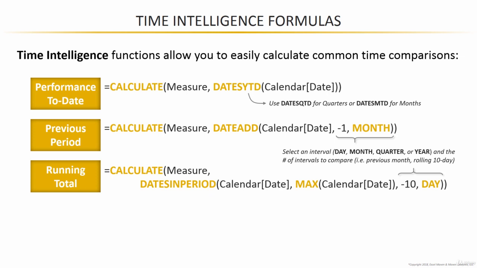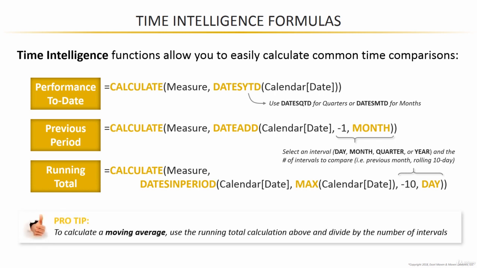So the version shown here is a 10-day running total. You could change it to -6 and month to create a 6-month running total. And little pro tip, you can easily convert running totals into moving averages by taking that entire running total function and then dividing by that same number of intervals that you're using.